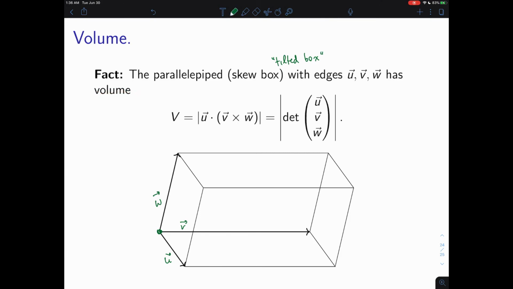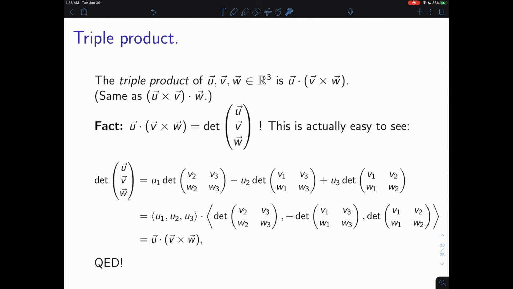then the volume of this would be given by a certain formula. It's this thing that's explained on the previous slide called the triple product.